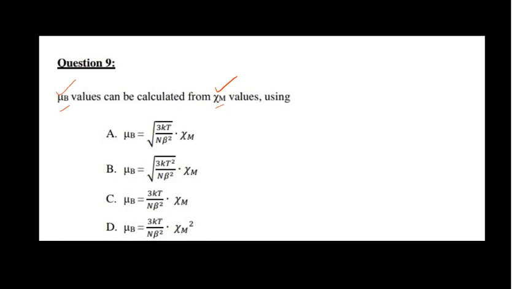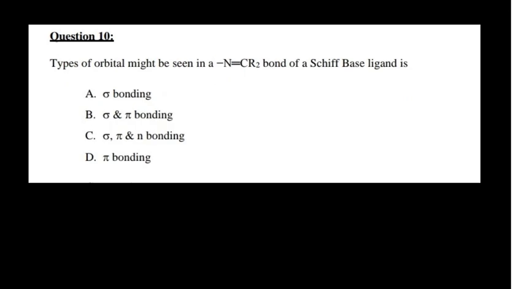It's simply Curie's equation. If you know the Curie relation, then you will be able to answer it. This is your Curie's equation. Again, it depends on your memory. Now moving to the next problem.